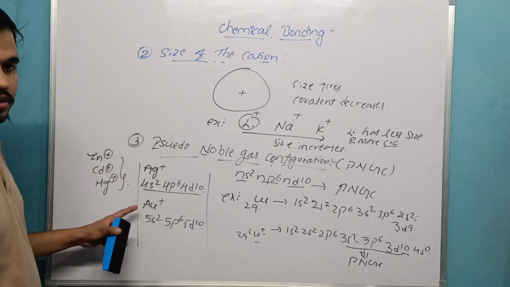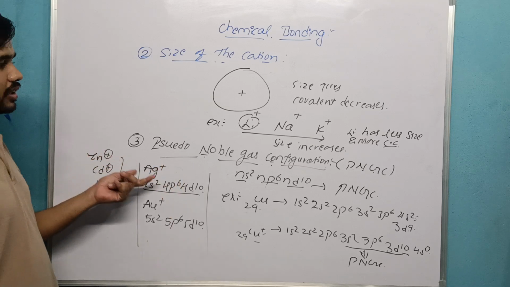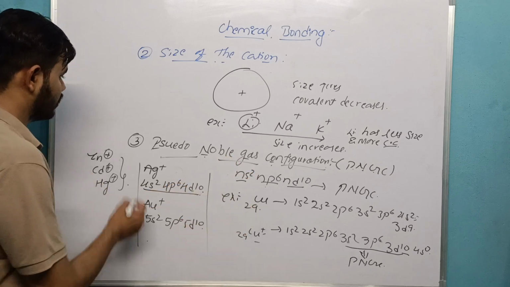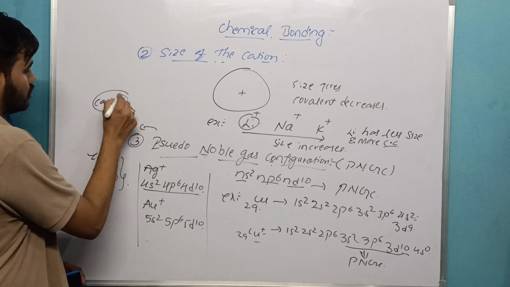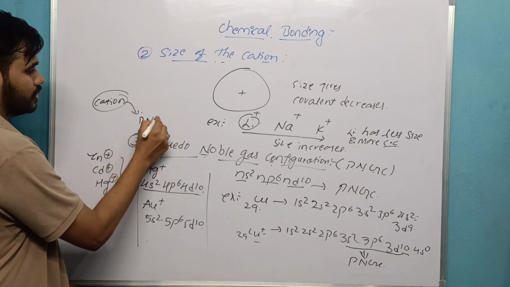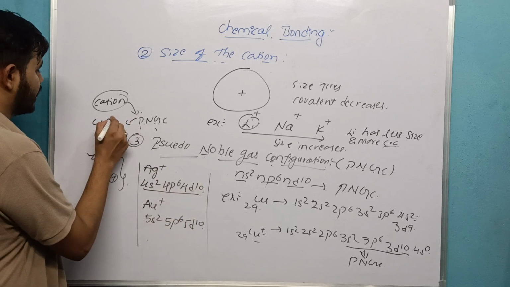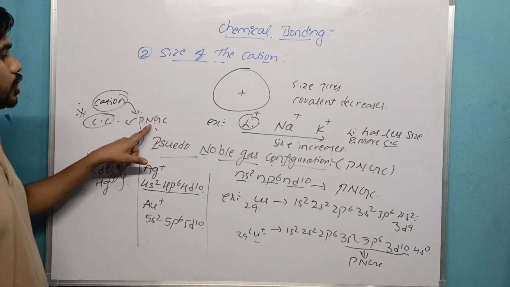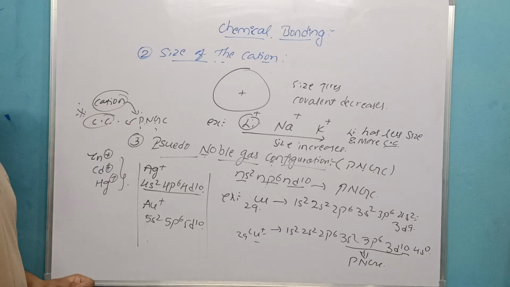These 3 cations will also show pseudo noble gas configuration, and the cations which show pseudo noble gas configuration, PNGC, will have more covalent character. Important point: the cation which shows pseudo noble gas configuration will have more covalent character.